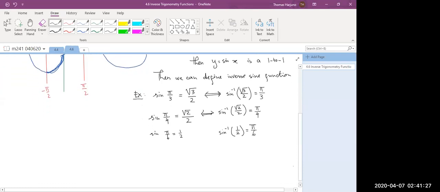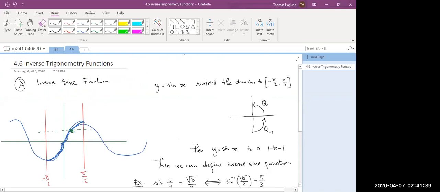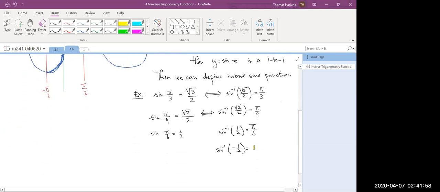The problem is what happens if I ask sine inverse of, let's say, negative 1/2. Now, don't forget the restricted domain of the sine function, for us to be able to talk about sine inverse, has to be in quadrant 1 and quadrant -1, where sine of quadrant 1 is positive, sine of quadrant -1 is negative. So the answer here should be in quadrant -1.